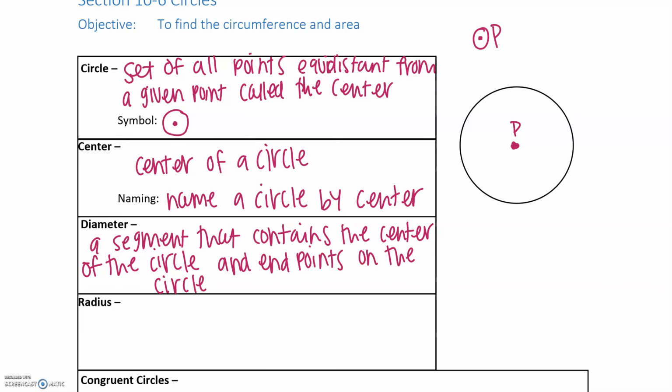So if I had a straight line going from one side to the other and it passed through the center, that's going to be a diameter. So in this one, the diameter is the segment AB.